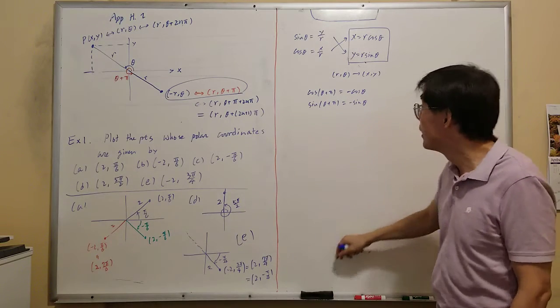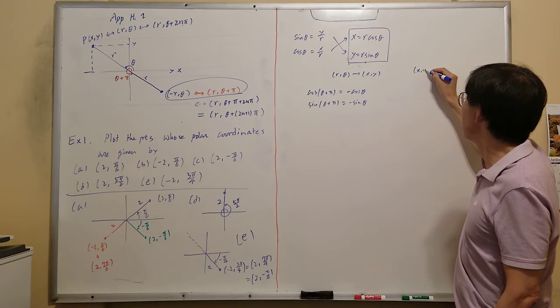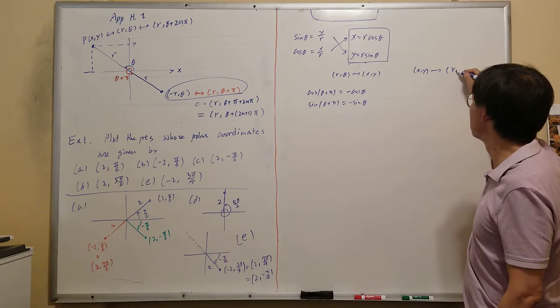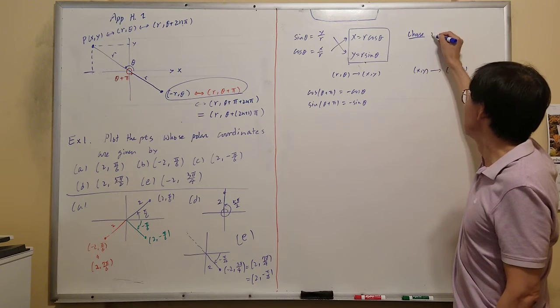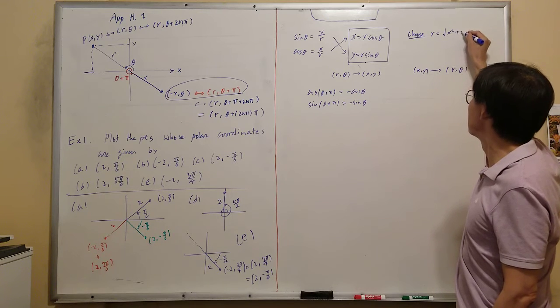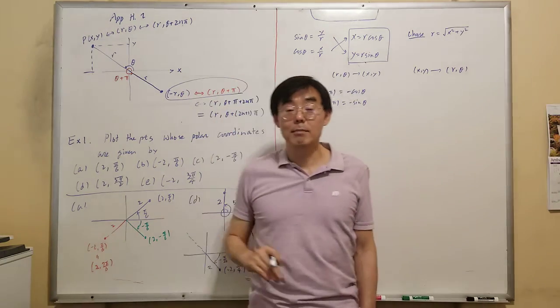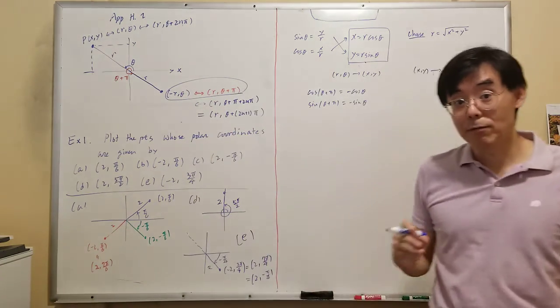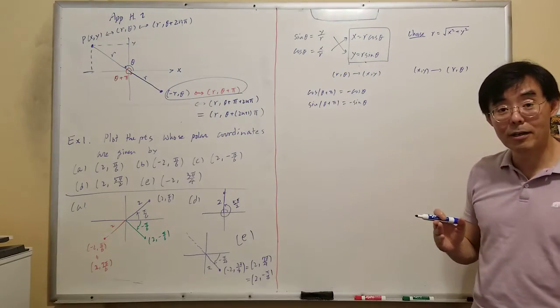Alright? Now, what about xy coordinates to r theta? We can choose r to be the square root of x squared plus y squared. As we just mentioned, r can be a negative number. Now, if you have a choice, there is no reason to choose a negative value for r.